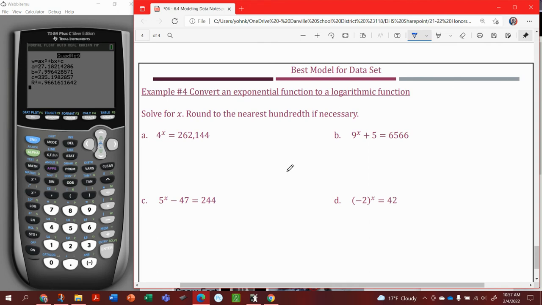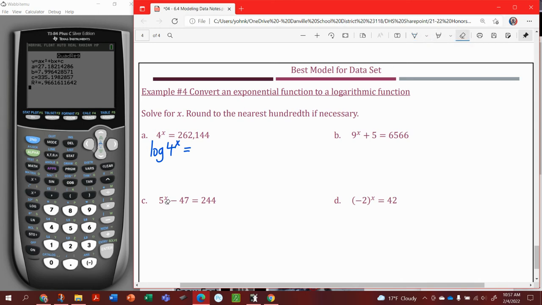So if I'm looking to convert an exponential form to a logarithmic function to solve for x, in letter A, 4 to the x equals 262,144. I'm looking for what power of 4 is going to give me 262,144. So what we can do is take the log of both sides.